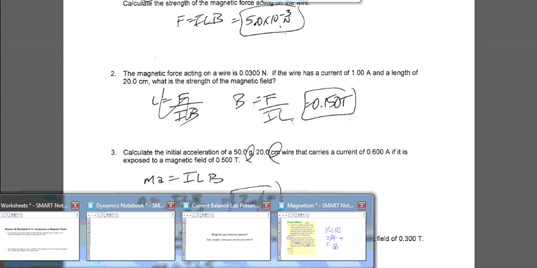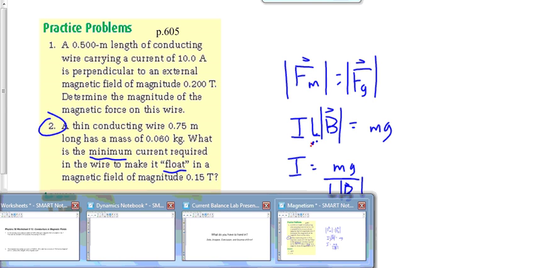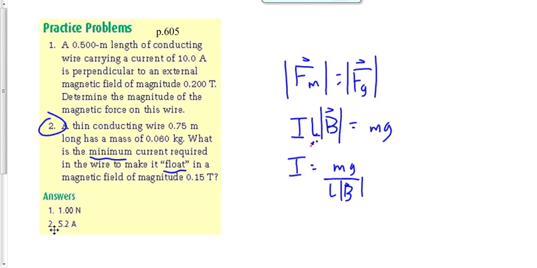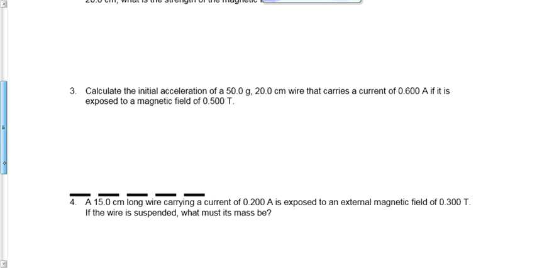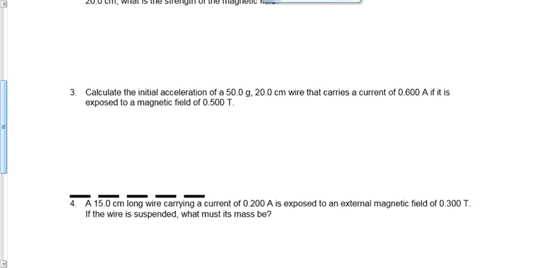Yesterday when you were doing this, a couple of people asked me about question number 3. Let's bring it up. Question number 3 says calculate the initial acceleration. Well, first of all, we've got grams and centimeters that we have to convert to kilograms and meters.